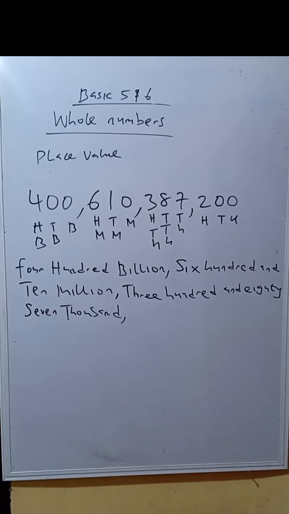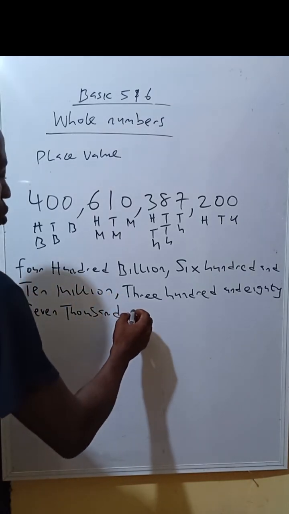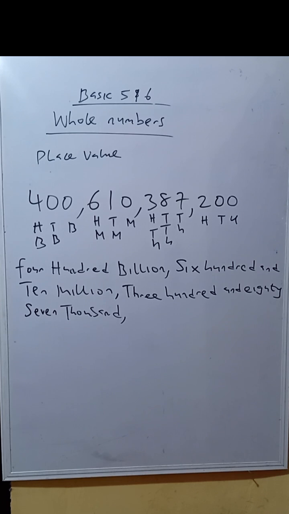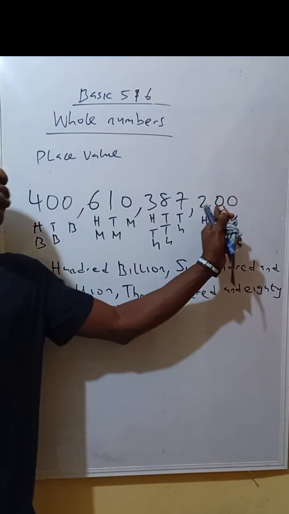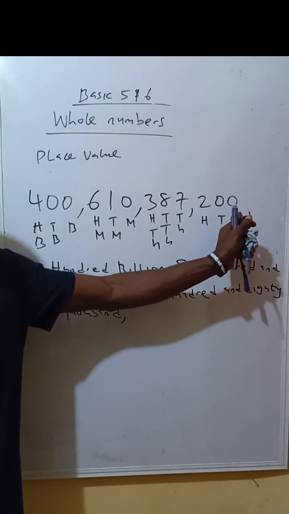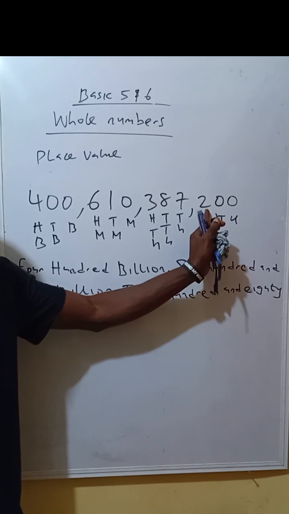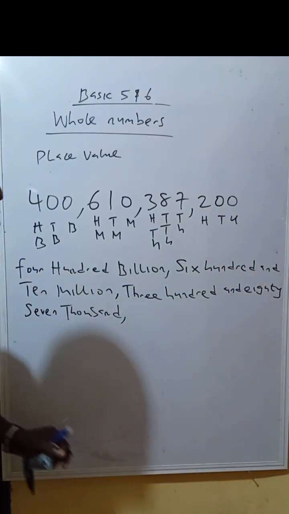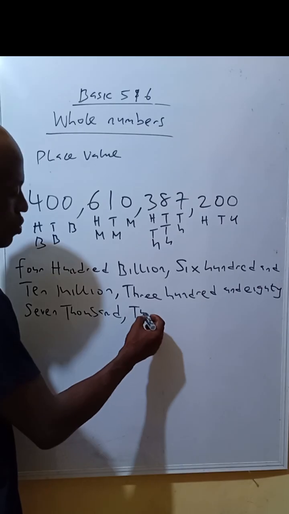Then 200. Why is it 200? It's not 200 and something. The digits after 2, the number that is placed in the hundreds, they are all zeros. So you have what? 200.